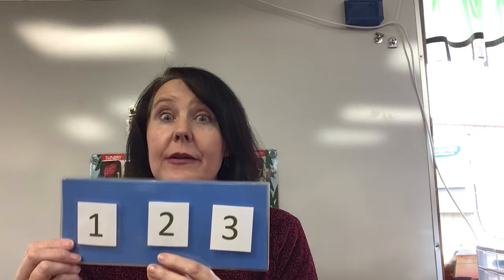Okay. So let's try this again. See what we have so far. Let's count a little bit faster. 1, 2, 3, 4, 5, 6. Does anyone know what comes after 6? Let's find out. I'm going to flip this over.